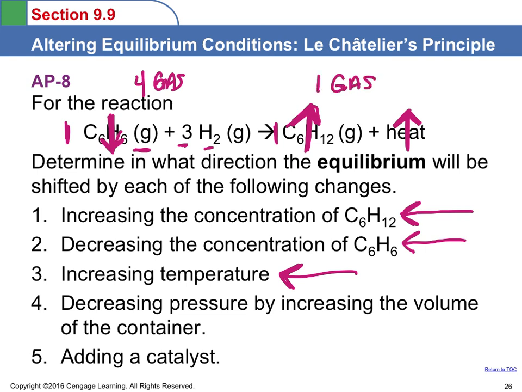So if I give myself more room, the reaction is going to shift to the side with more gas molecules, so it's going to shift to the left. Add a catalyst. Catalyst has nothing to do with equilibrium, so it's not going to change. A catalyst is only important when it comes to rate of reactions.